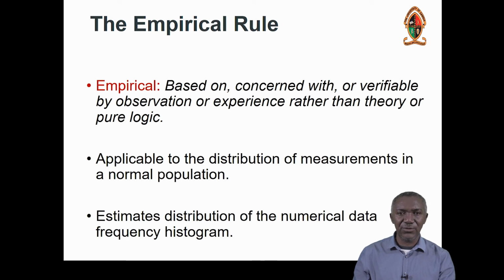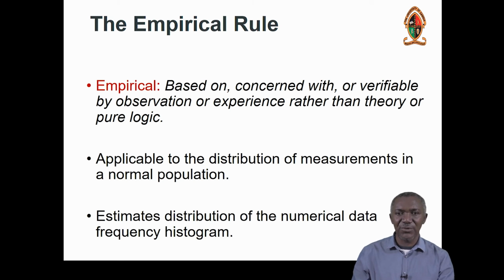So the empirical rule is something that has been formulated as a result of statisticians making observations from experience and verifiable data. They have seen certain patterns, and from these patterns they have come up with the rules that govern what we are going to look at.